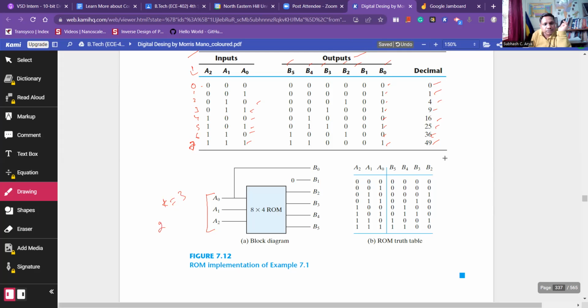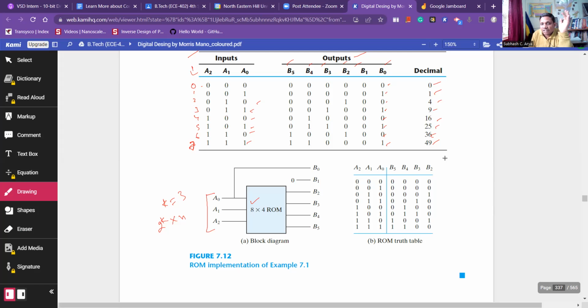So the size of the rows will be 2 to the power K, that is 8, which is why the name 8 is given here, multiplied by the number of outputs. Here the number of outputs is 6 as per this, but this 6 can still be reduced if we apply a little bit of our logic.